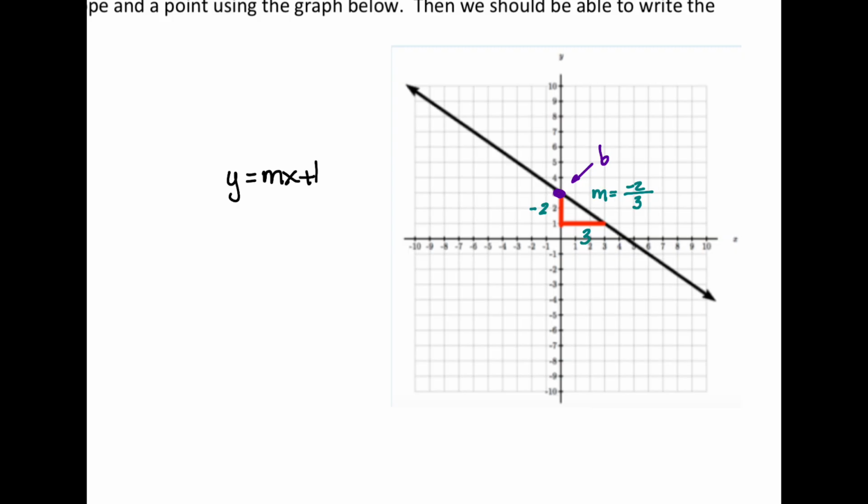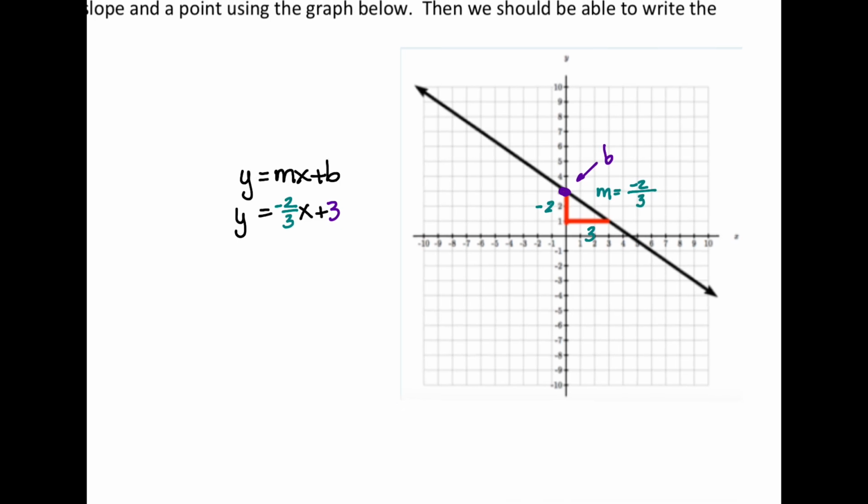We can use this formula and we're done in one step because we just found the slope and we also have been given the intercept. So you're done. Okay, you won't always have a y-intercept, however.